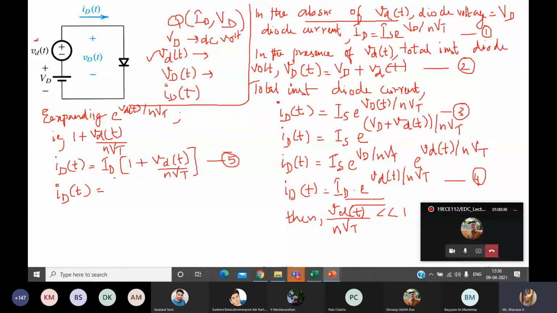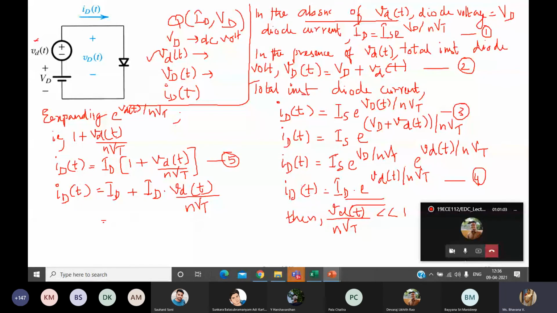Now come to equation 5. Open the brackets. You'll get it as Id plus capital Id into Vd of t by nVt. So what is our requirement? We have to express the instantaneous value of diode current as a combination of AC current as well as DC current.